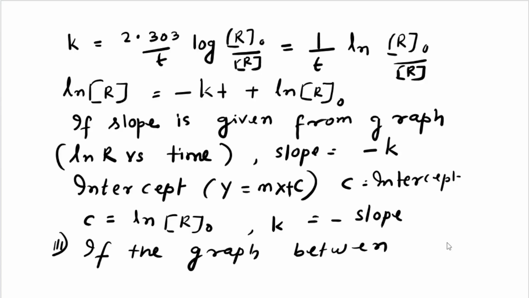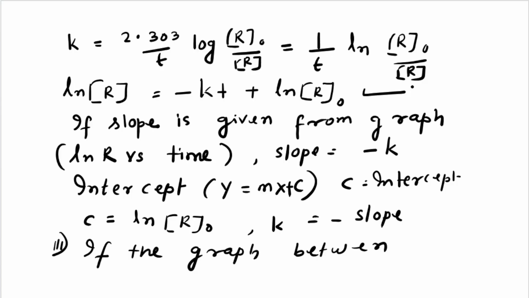Here y means ln [R], in the form mx + c. So c is ln [R]0, that is the intercept, and k equals minus the slope.